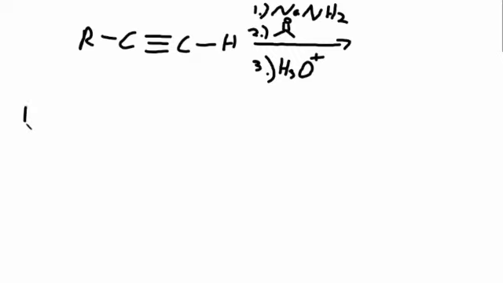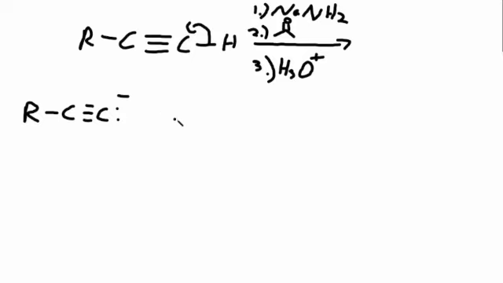All right, let's get started. So, terminal alkyne here. You know the first step is this amide is going to deprotonate. Those electrons are going to go onto here. Okay, so let's start with that. All right, next step.